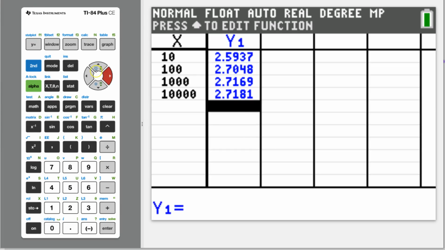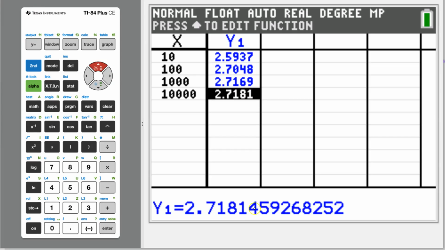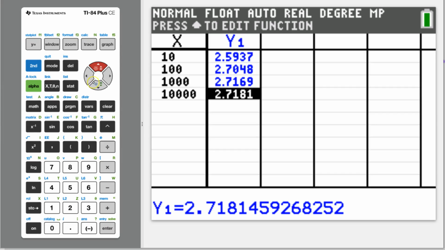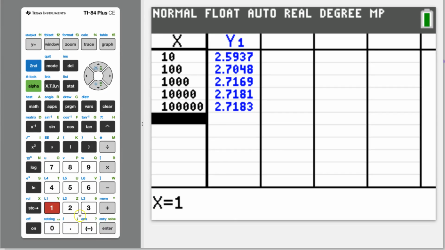Now, if you move your cursor over to the y column, you can see more detail for that y value down at the bottom, more than they could fit in the column. So you can see that even when I do the next one, 100,000, in the table, or even, let's do 1 million.